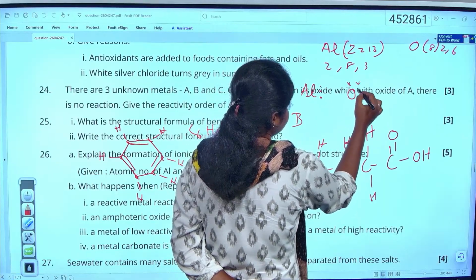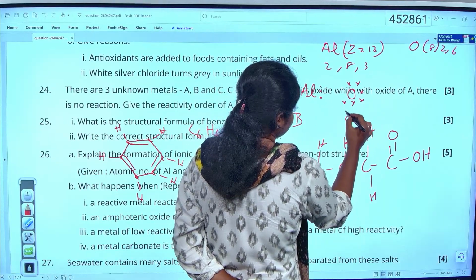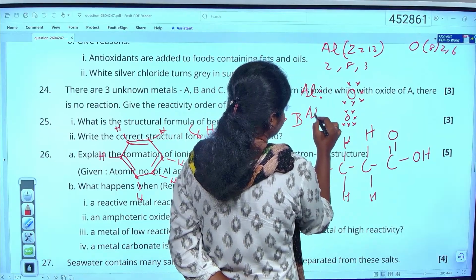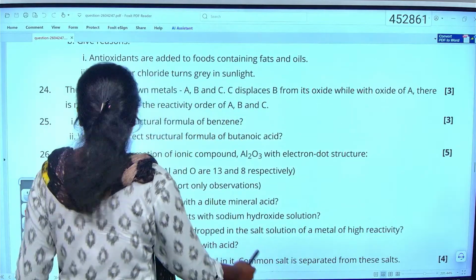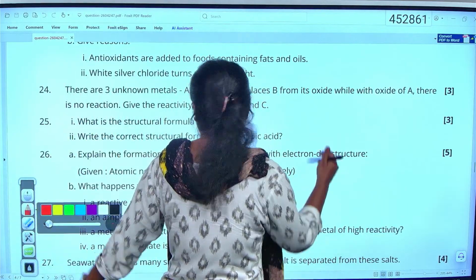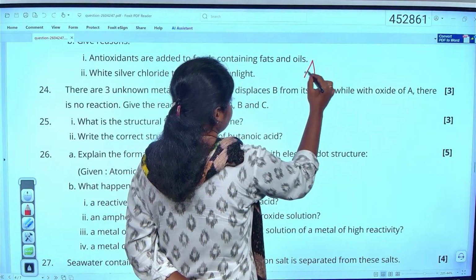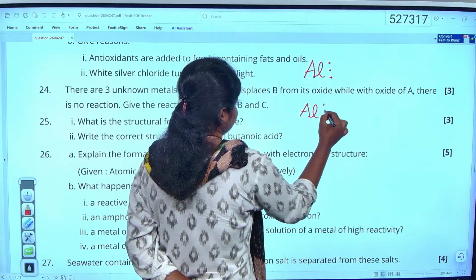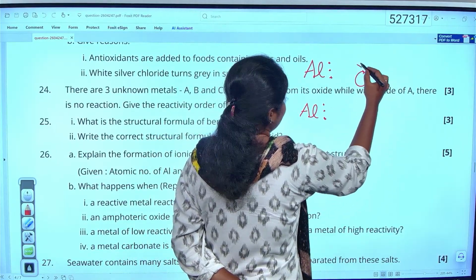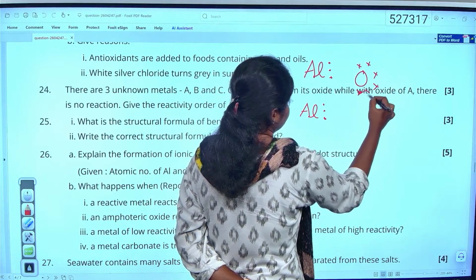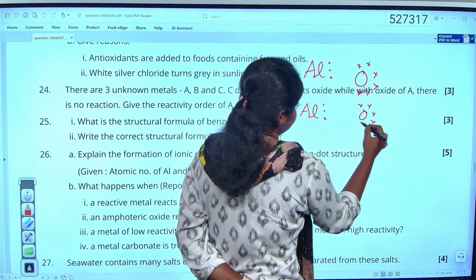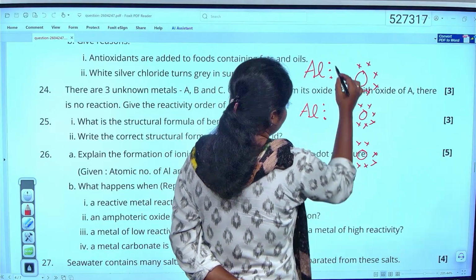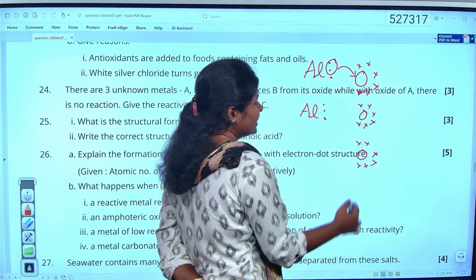Oxygen, how many aluminium? How many oxygen should be drawn? So first 2 electrons will be transferred to one oxygen.